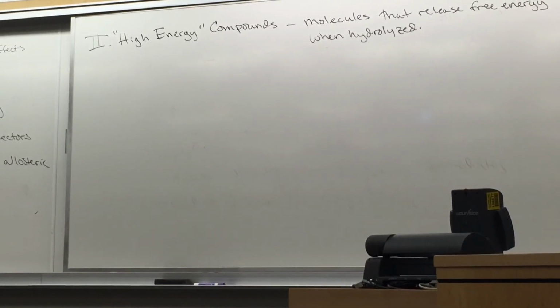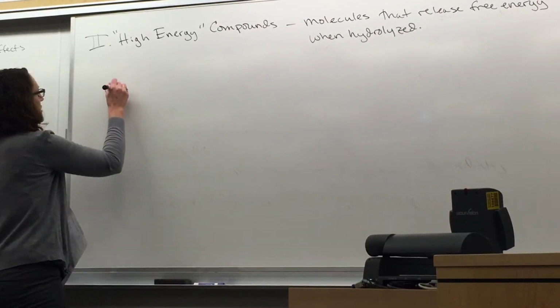It's really kind of in the middle, which makes it perfect as energy currency because it can accept, in the form of ADP, a phosphate from a more energy-rich compound, and it can then donate from ATP a phosphate group to something lower in energy like glucose, to make a less energy-rich molecule. So it kind of sits right in the middle.